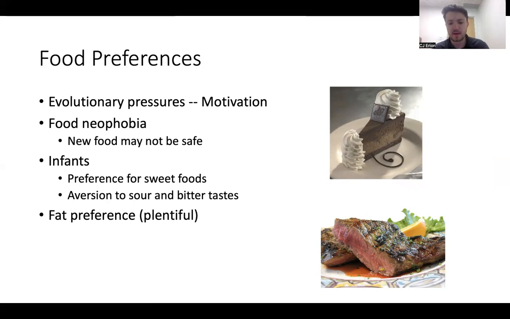Similar idea with the fat preference, the preference for just fatty foods. Back in the day, before farming and all that, it certainly was not easy to get all of the fatty foods that are needed for humans. And so interestingly today, definitely not everywhere, but in quite a few locations, not finding enough fatty foods is not the problem.